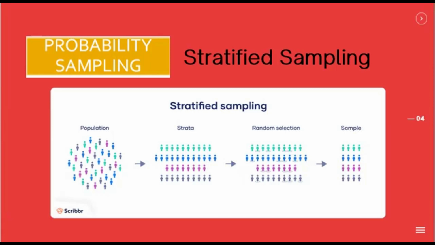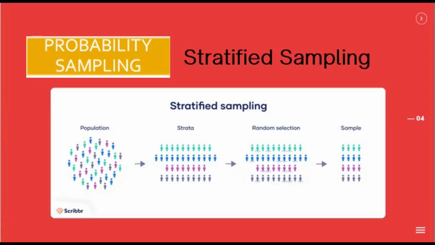Pwede tayong siguro among all those population groups, kuha tayo ng 100. So, pwede natin silang hatiin into siguro 25 na ITAS, then 25 na female, the heterosexual females in terms of gender, then 25 din na Roman Catholic if we chose Roman Catholic, and then 25 if napili natin is the low income level.